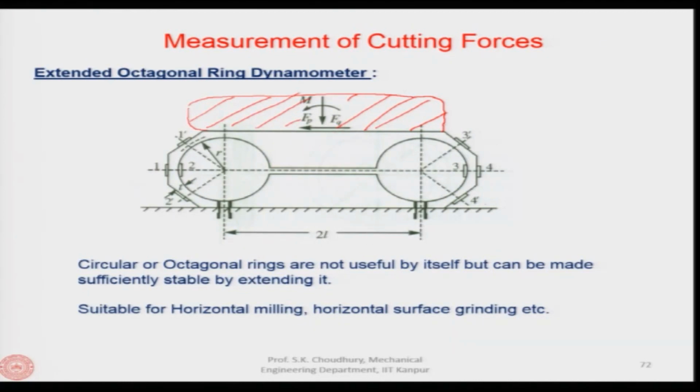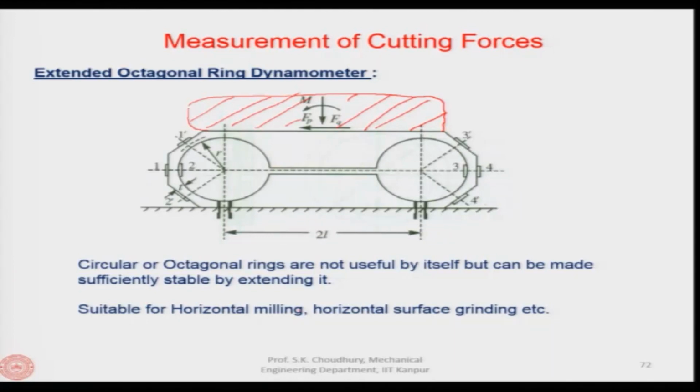So, this is once again the extended octagonal ring, because the rigidity is increased by extending it. Circular or octagonal rings are not useful by themselves, but can be made sufficiently stable by extending them. So here the rigidity and the stability have been increased by extending the octagonal structure.